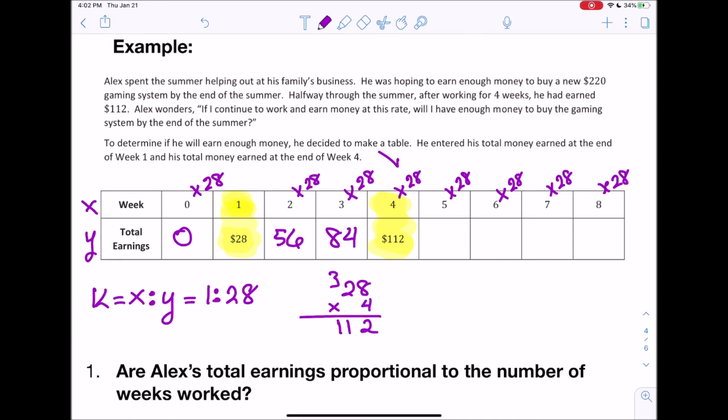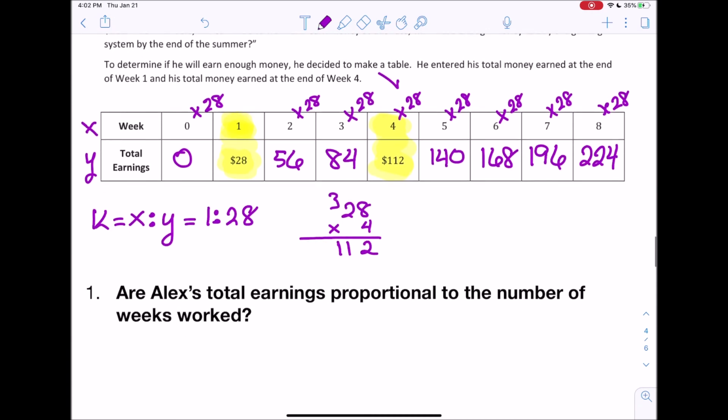We already know for 4 weeks, it's 112. 5 weeks is going to be 140. 6 weeks is going to be 6 times 28, which is 168. And then we have 7 times 28, which is 196, and then 8 times 28, which is 224.